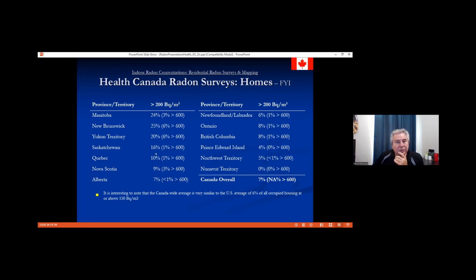Typically, if we would just use that number, we would say it should have been 10% of the homes, but it was actually around 42%. So this is a survey of a certain amount of homes, not all the homes in Canada. So it gives us an idea, but sometimes, especially when you do a community-wide radon survey, we realize that those numbers may be a bit lower than what we're actually seeing out in the field.